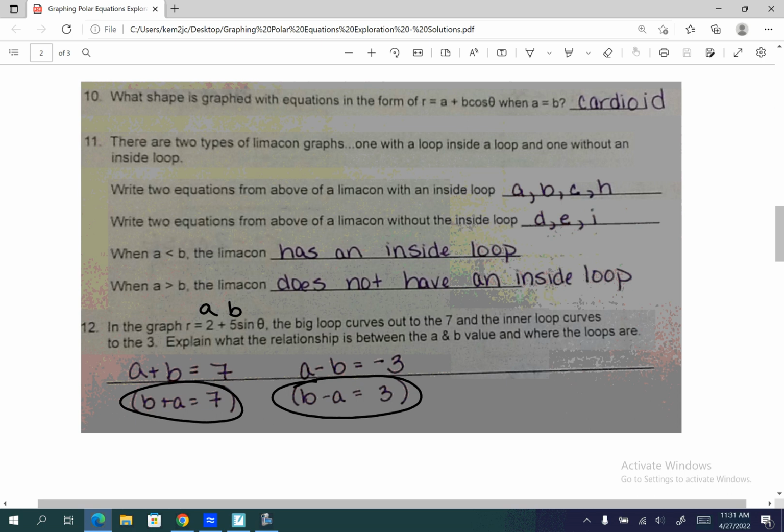And it has to do with the sum and the difference of those numbers are going to be how wide it is and how far in the inside loop goes. We don't get, again, too complicated with these, but that's just kind of something maybe you noticed, the sum and the difference of those numbers. Okay.